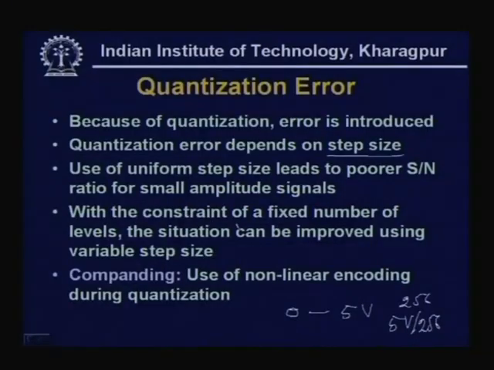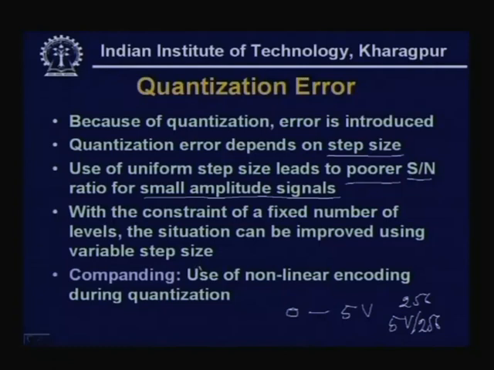As a result, with the constraint of a fixed number of levels, the situation can be improved using a variable step size. Because of the fixed step size, the signal to noise ratio is higher for high level signals. Unfortunately, for small amplitude signals, the signal to noise ratio is poorer. How can that be overcome?